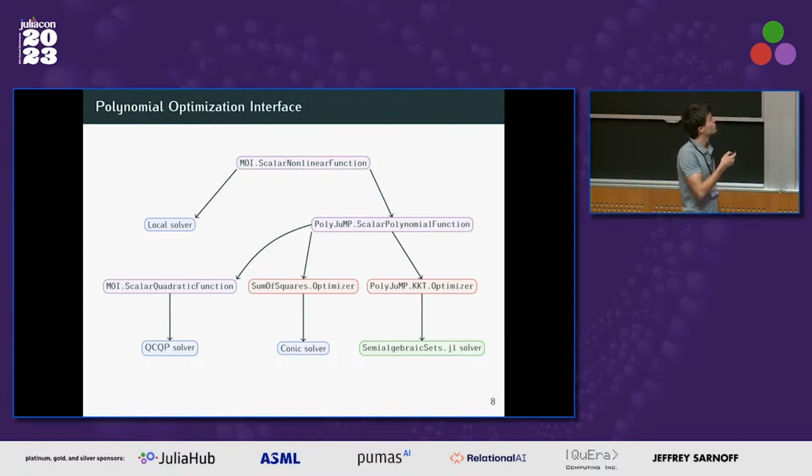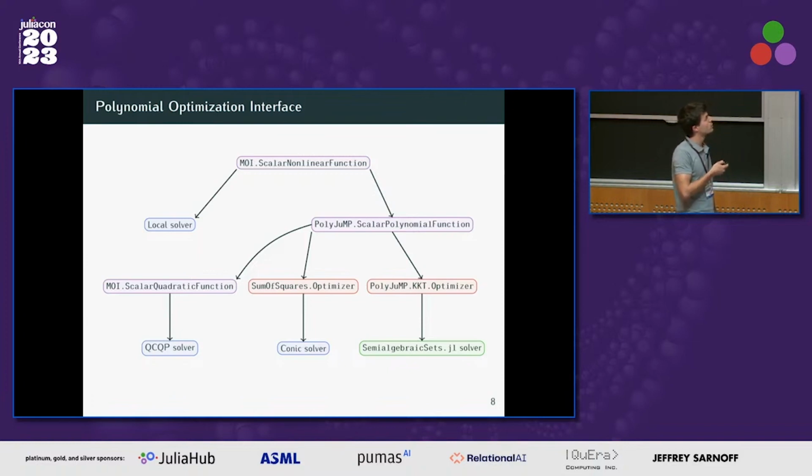Then if he wants to use IPOPT, IPOPT will just get that. But if he wants to use a polynomial optimization solver, we'll first try to bridge this into a polynomial function. So we read the expression of the nonlinear function and we try to see if it's a polynomial. If yes, we convert it into a polynomial structure.